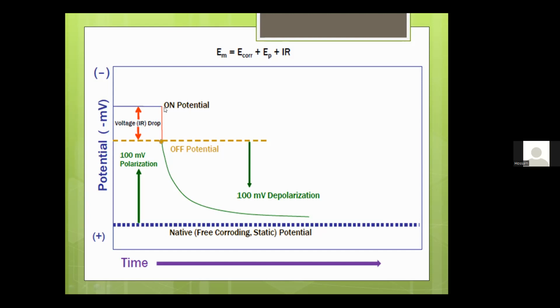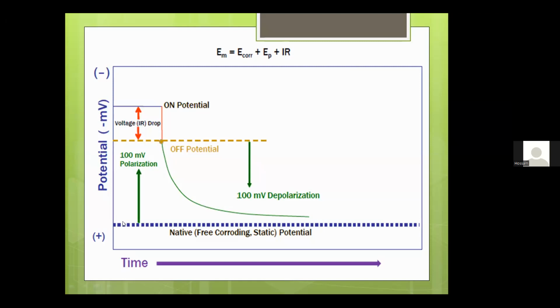The difference between the on potential and the off potential is the voltage drop, the IR drop. Then, if we switch off the rectifier, the potential will decrease, going towards the positive direction, till it becomes constant here. This is the depolarized potential.